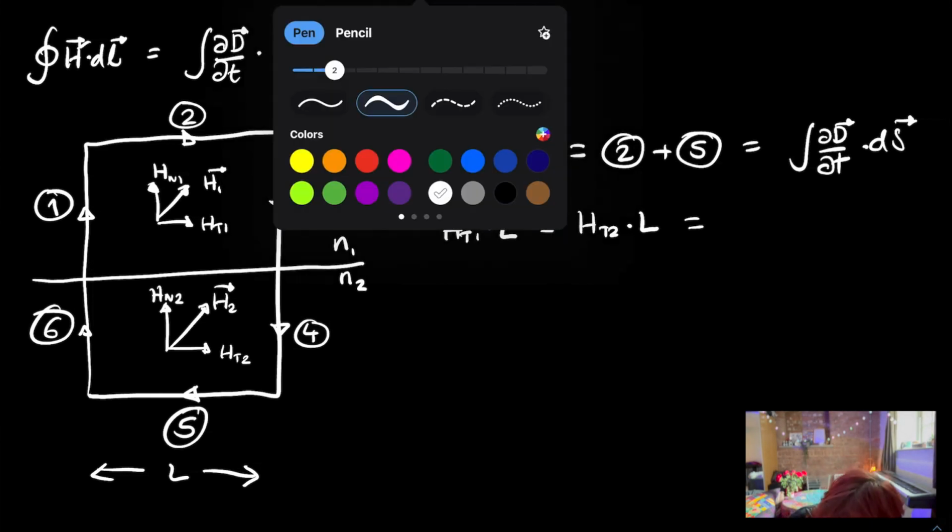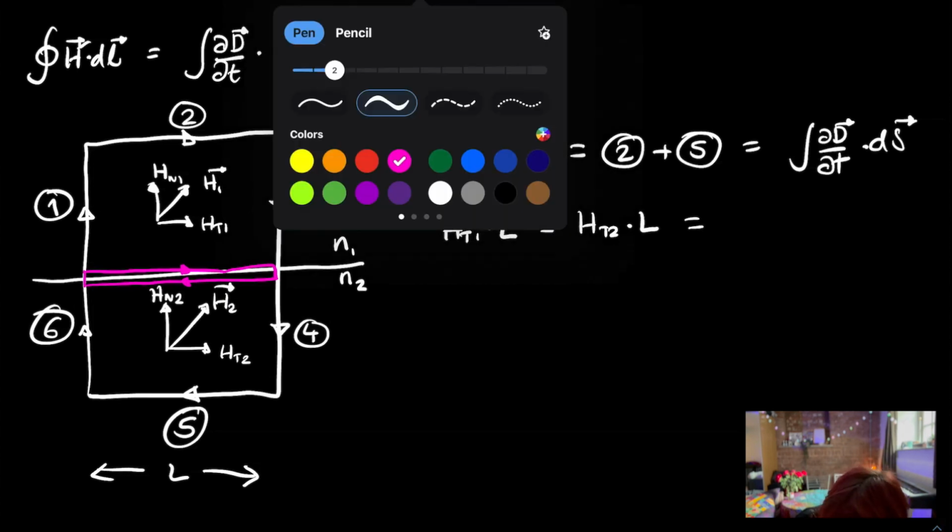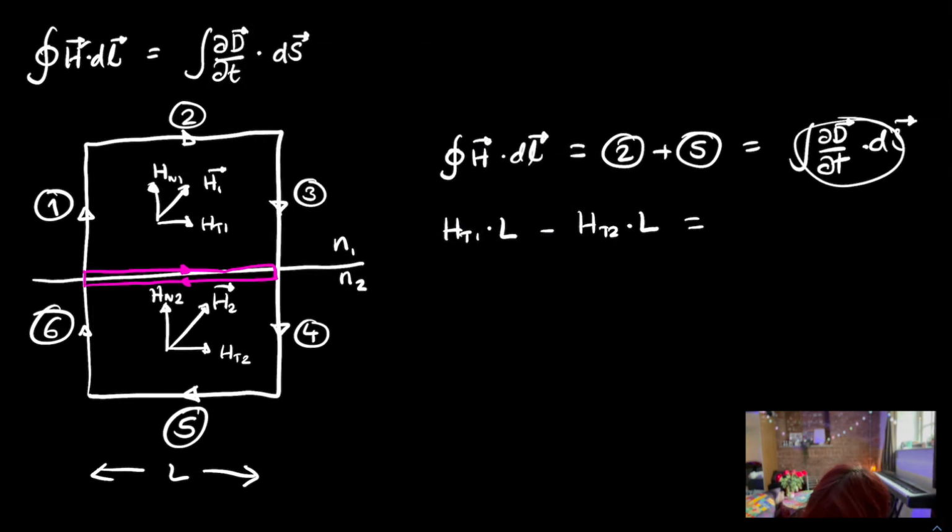But as I'm sure you're going to guess what we're going to do, we're going to shrink this loop so that it only just encloses the boundary right here. And that essentially means that this dS right here, this surface, essentially becomes a line, a one-dimensional object, and so there's therefore not going to be any surface right here. So if there's no surface, then this is going to be 0 right here.